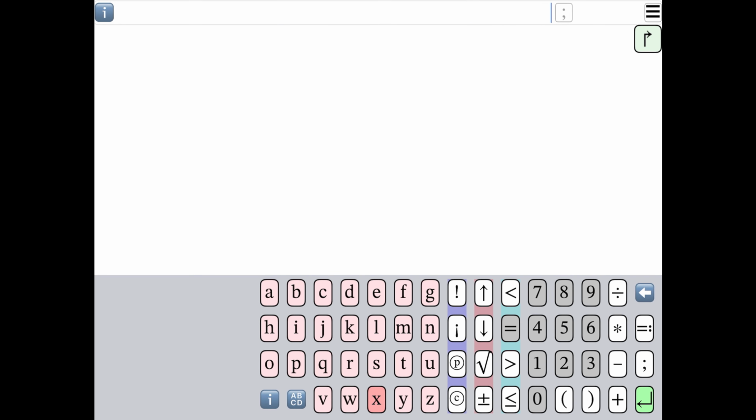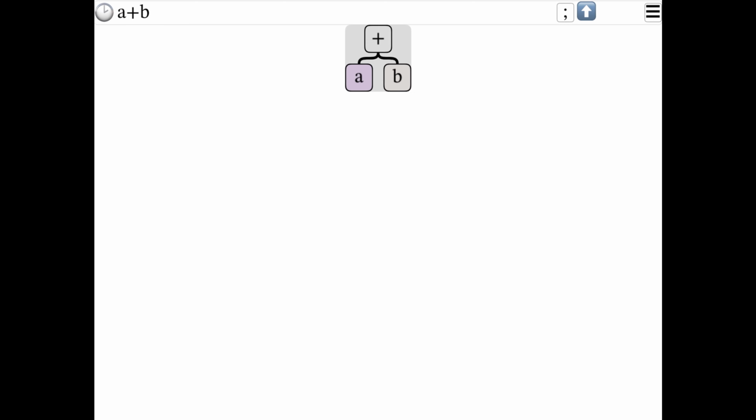Now that I've told you about commutable operators, I'll show you another DragginMath feature that does something similar. You can also convert addition into subtraction by flicking down on the operator. And you can do this.